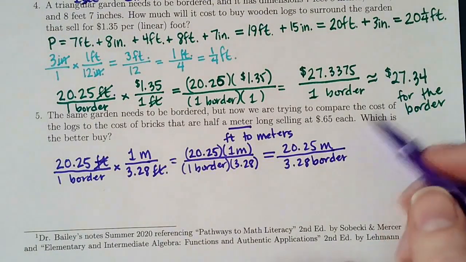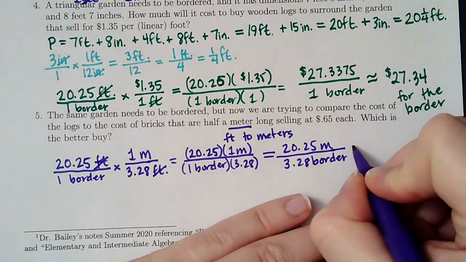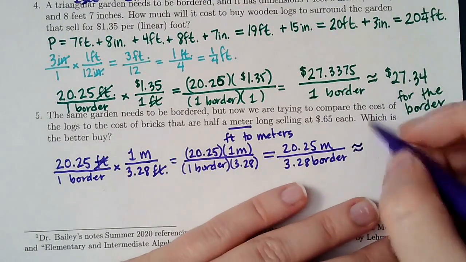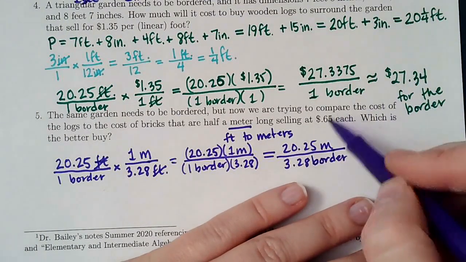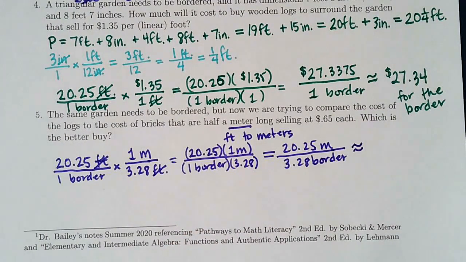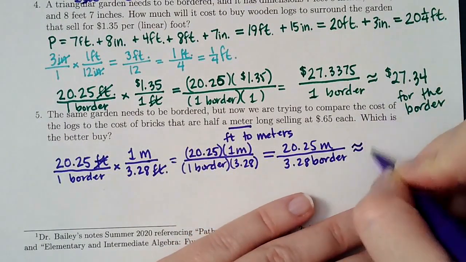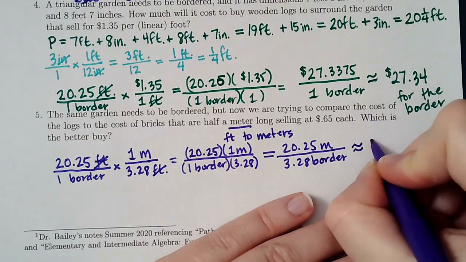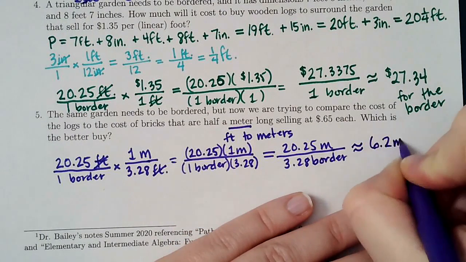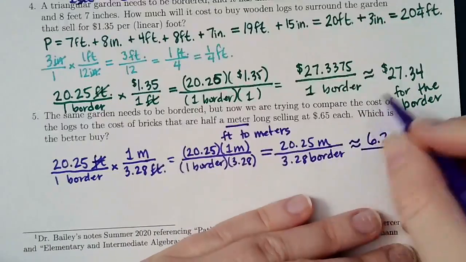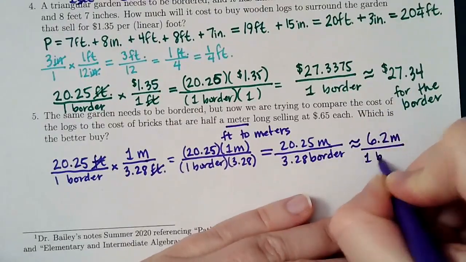Or 6.2. We want to have enough brick. So, well, let's just round up to be safe. So what did we say? We said 6.2-ish. 6.2 meters for the border.